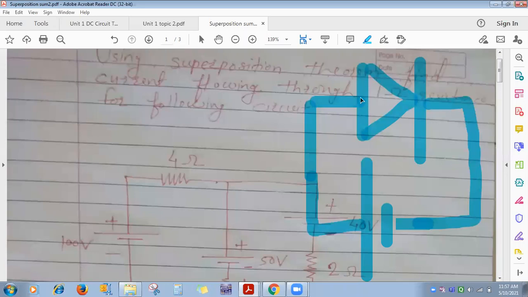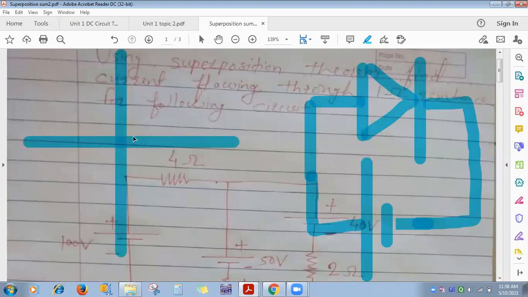What I have done here is anode to positive, cathode to negative. If you swap the terminals, then that will be diode in reverse bias mode. All of you know diode characteristics in forward and reverse bias mode. Forward bias mode, like this are the characteristics. Reverse bias mode, like this are the characteristics.